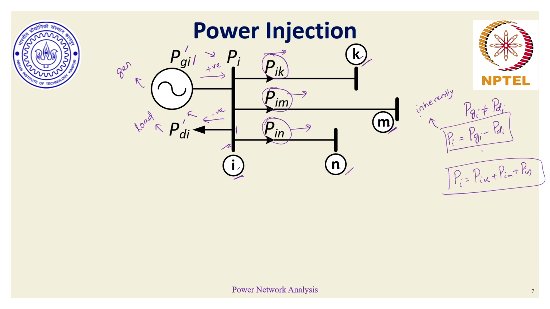This has to be naturally true. What we are trying to serve in power flow is to ensure that this equation becomes true, and this is done via power flow analysis. This doesn't become true naturally. It has to be done through the power flow equations, and that's where power flow actually finds what should be the corresponding voltage phasor at bus i, bus k, bus m and bus n, so that this equation becomes true.